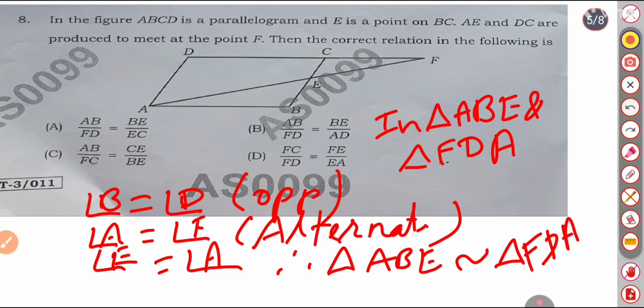See, opposite to E is AB, and opposite to A is FD. So AB by FD is equal to BE by AD, as opposite to A is BE and opposite to F is AD. So option B is the correct answer.